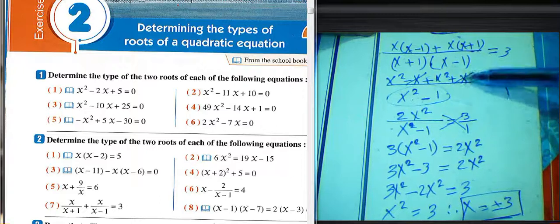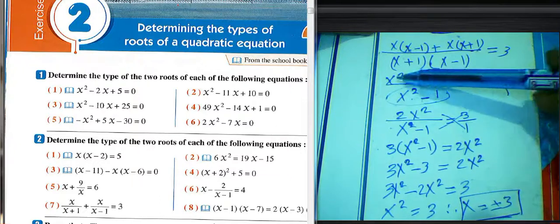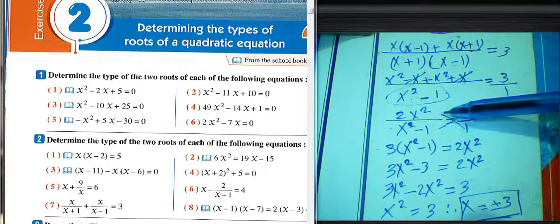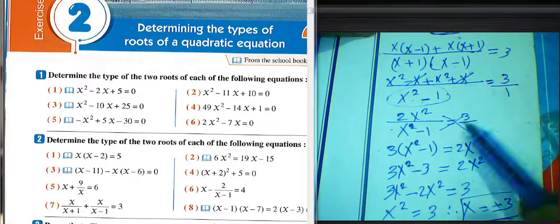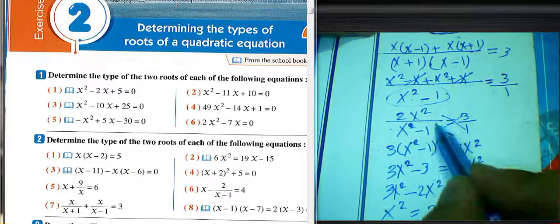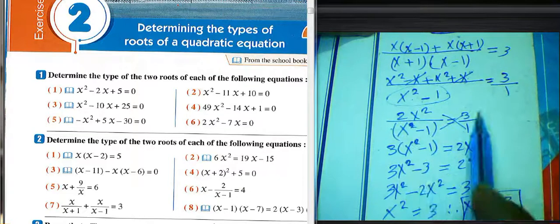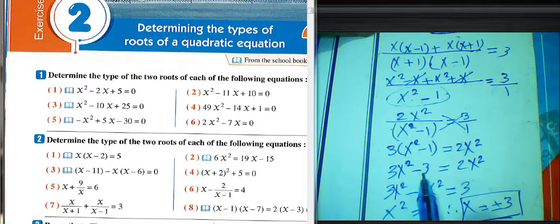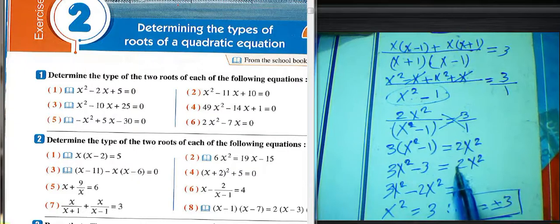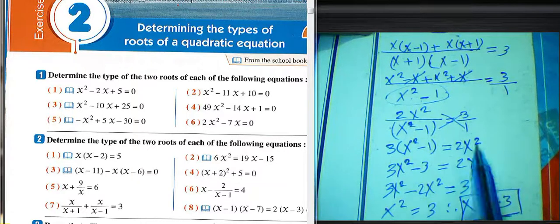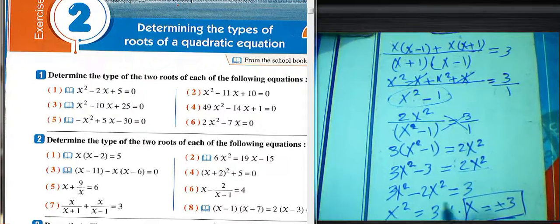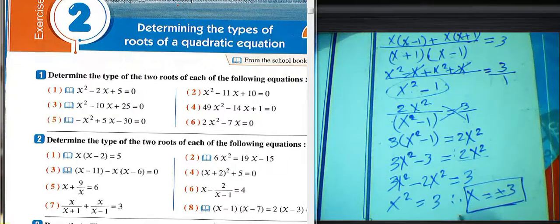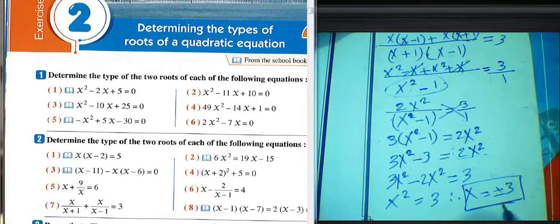Negative x, positive x is 0. 2x power 2 divided by x power 2 subtract 1 equals 3 over 1. 3 multiplied by x power 2 minus 1 in parentheses, the result will be 3x power 2 subtract 3 equals 2x power 2, and then we move 2x power 2 to the left hand side. x power 2 subtract 2x power 2 equals 3, so x power 2 equals 3, so x equals positive or negative square root of 3.